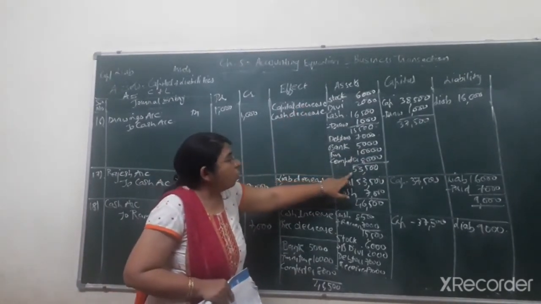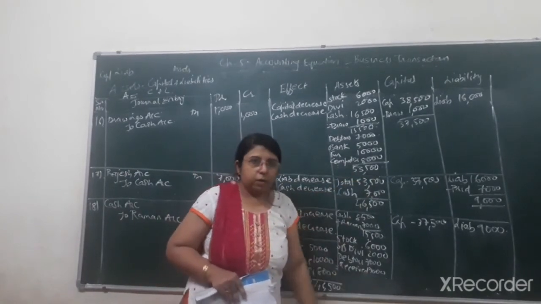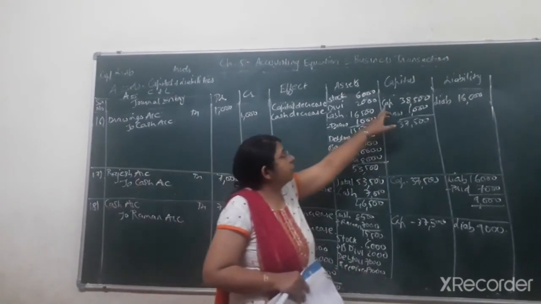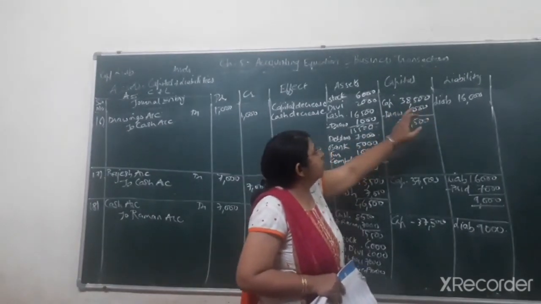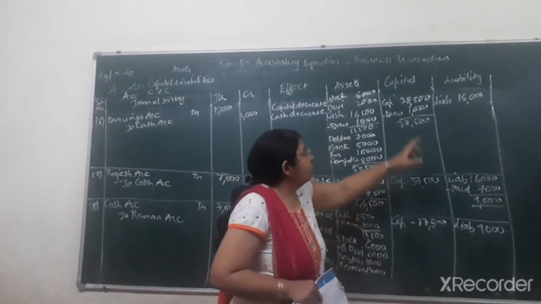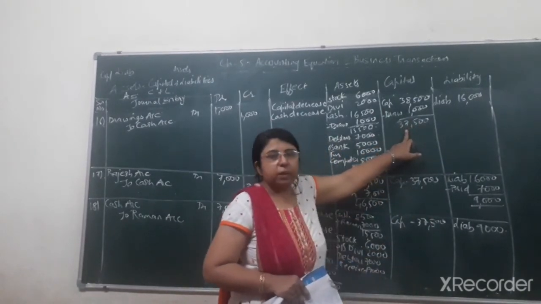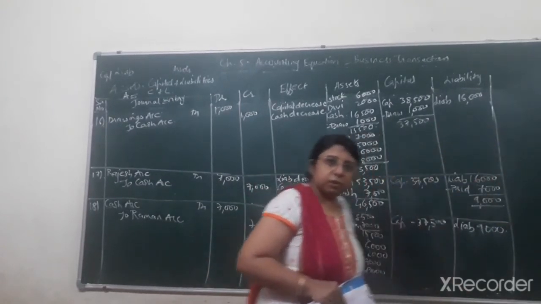So now the total balance of assets came to 53,500. Afterwards, in the case of capital, the previous balance from the last transaction was 38,500 minus drawings. Because of drawings, the capital balance has been reduced by 1,000. So the new balance of capital is 37,500. And liability is as it is, 16,000.